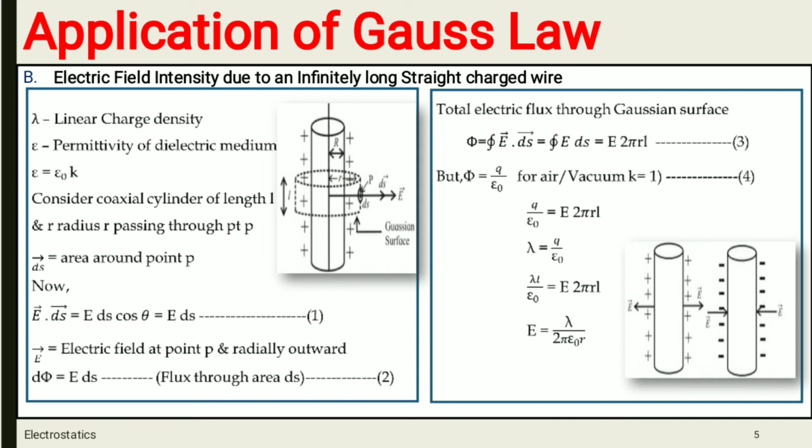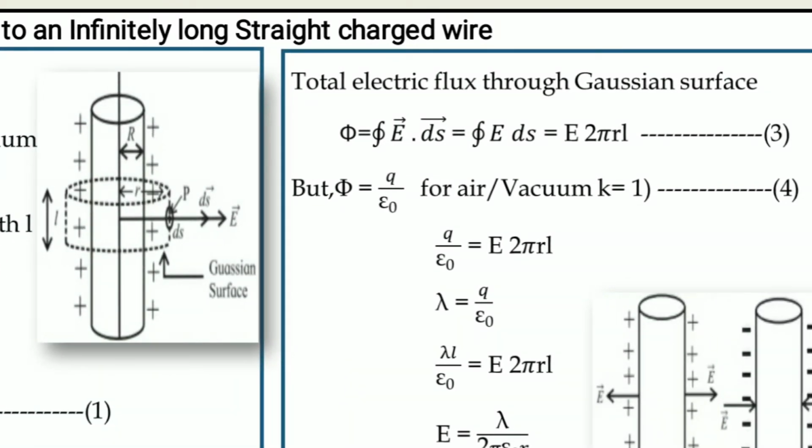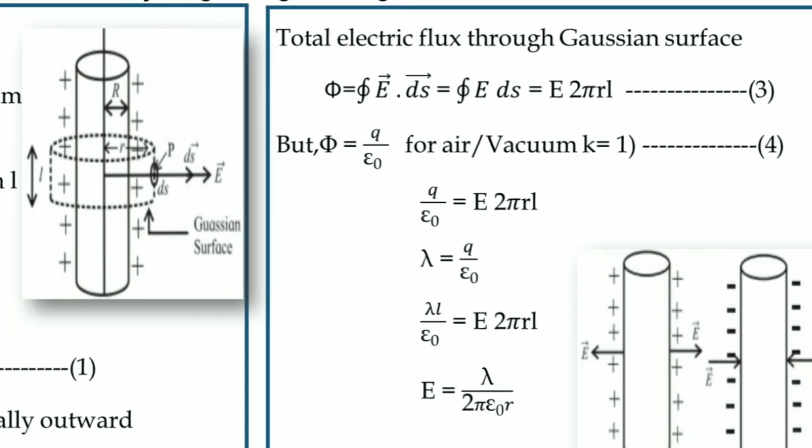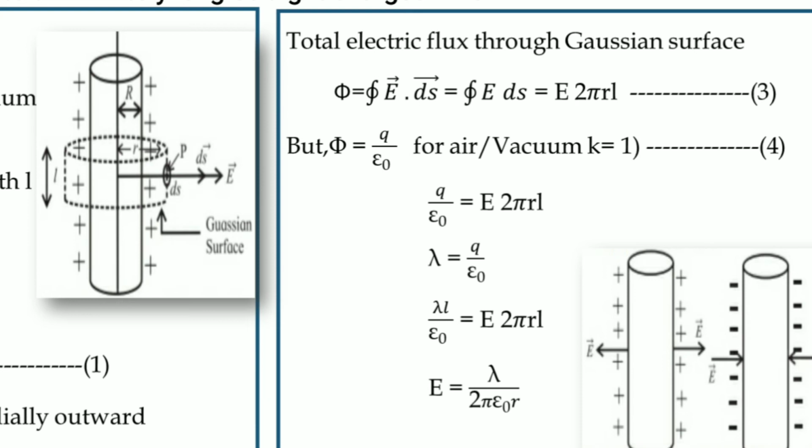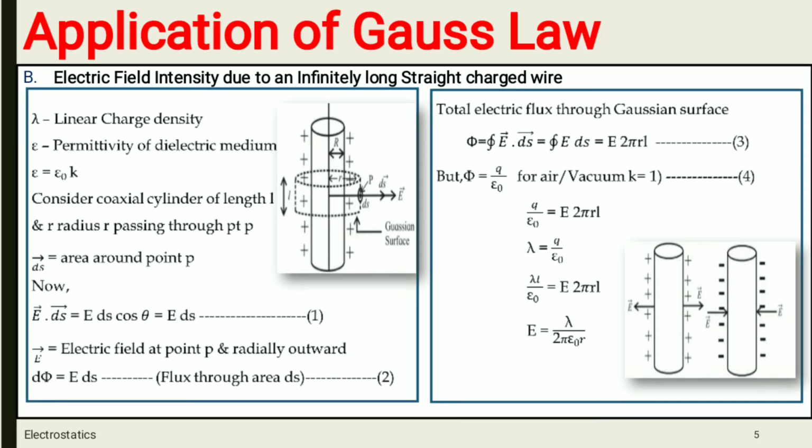As you know, due to symmetry of the cylinder, the electric field will be the same at all points on the curved surface of the cylinder, directed radially outward, and due to that you can consider E constant and take it outside the integration. And integration of ds is what? The area of the cylinder, that is 2 pi r l.